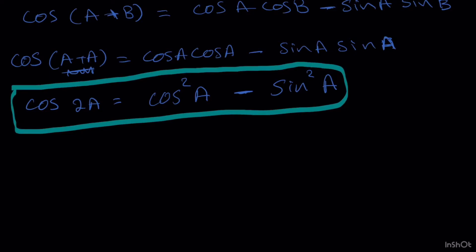And if we rearrange, we can find sine squared A. If I move the minus sine squared to the other side, there's going to be sine squared A equals cosine squared A minus cosine 2A.